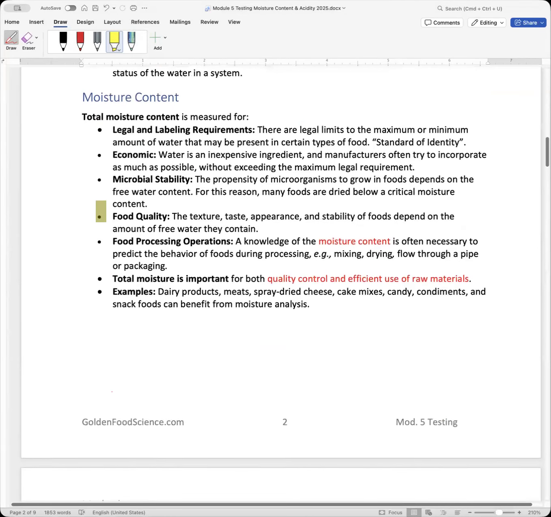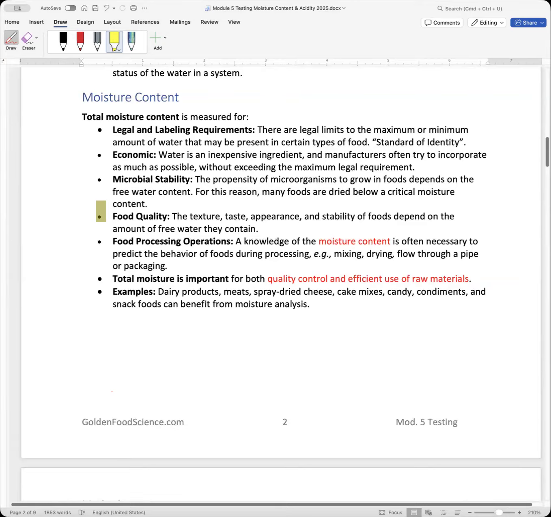So there are lots of reasons that we should measure the moisture content in our food. One of the most important is legal and labeling requirements. So the standard of identity of certain foods, or the labeling, if you say how much water you have in your product. Or the list of ingredients is in descending order by weight.